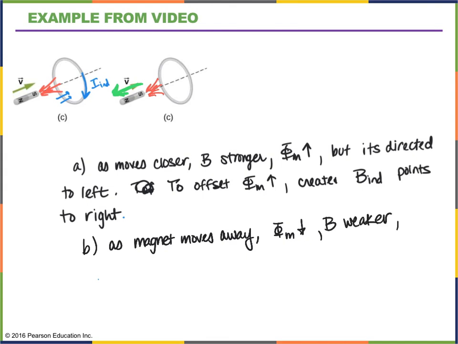And so we want to create a B induced that is to the left to build up the magnetic field that's getting weaker. So we want our field to look like this as it moves away. And so thinking about the direction of that induced current, that's going to be in that direction. Again, this is understanding why the current switched directions, the needle went from one side to the other when the magnet went in and out.